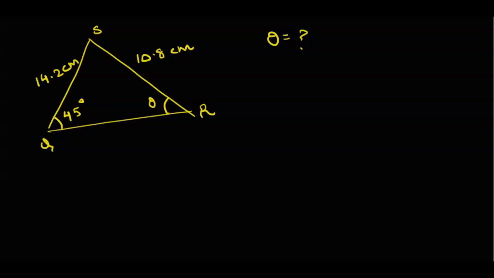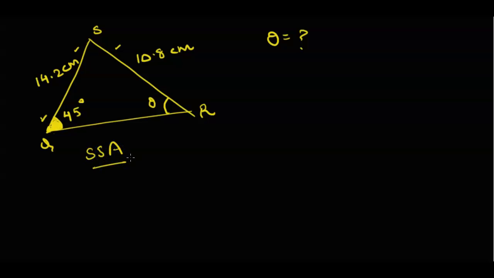We are given an angle, that is angle 45, and we are given the side opposite to it. So this is one complete ratio given to us. Whenever we are given one complete ratio, or whenever we are given two adjacent sides and an angle, that means we have this angle, this side, and this side. So basically we are given side, side, angle.